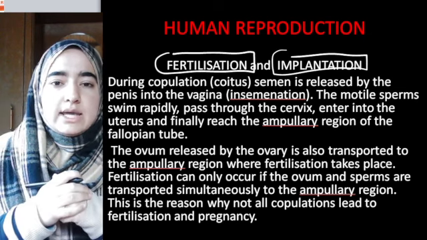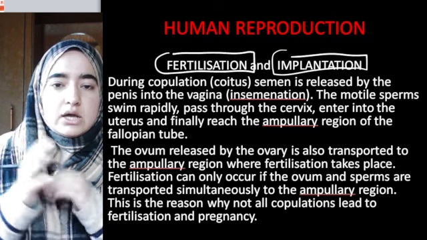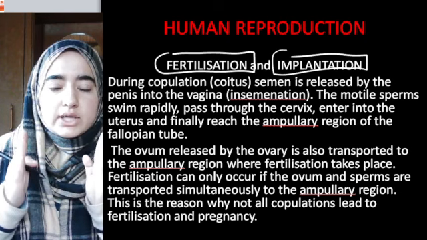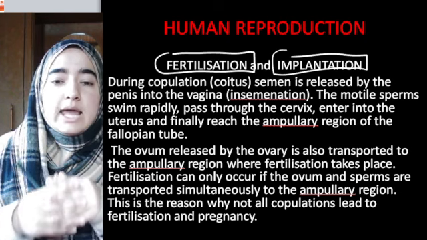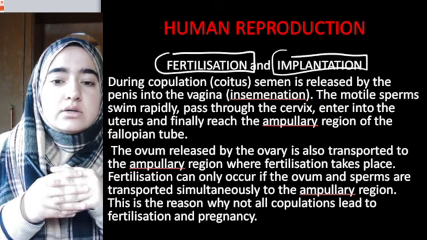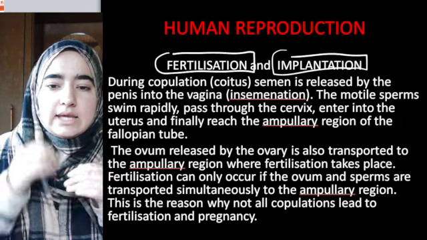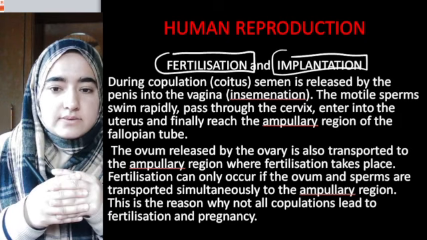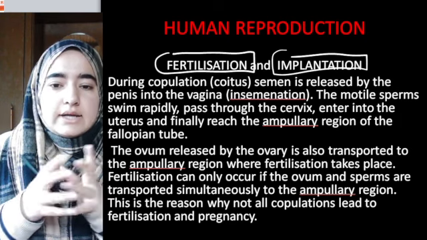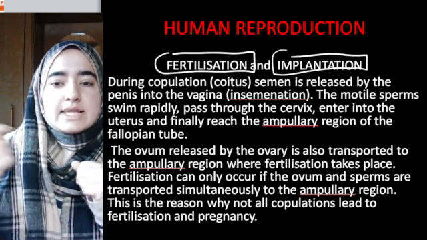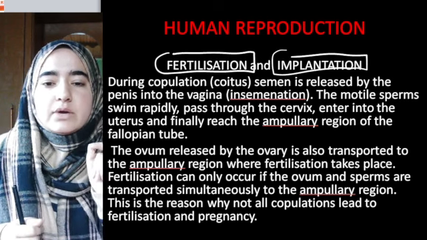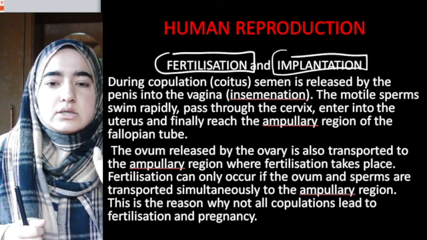I told you that they have a tail, and in the middle piece they have mitochondria, which helps them to swim rapidly through the female genital tract. Finally they enter into the uterus and reach the ampullary region.